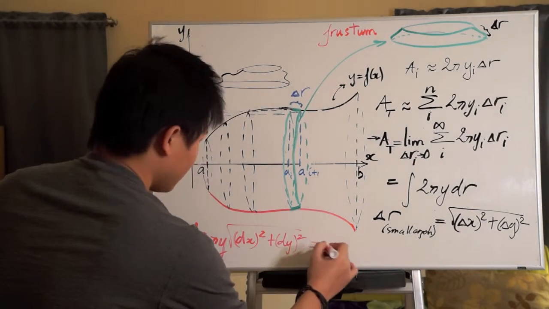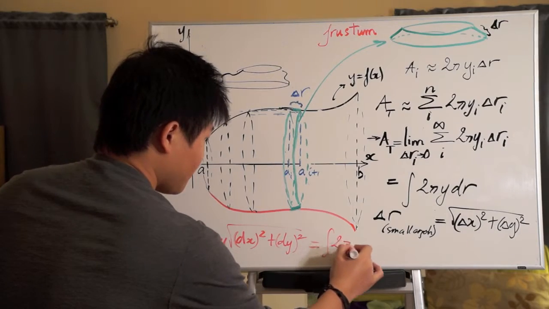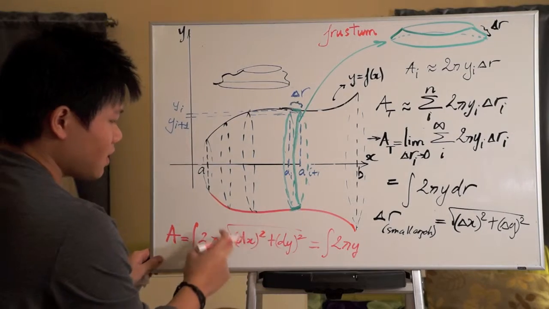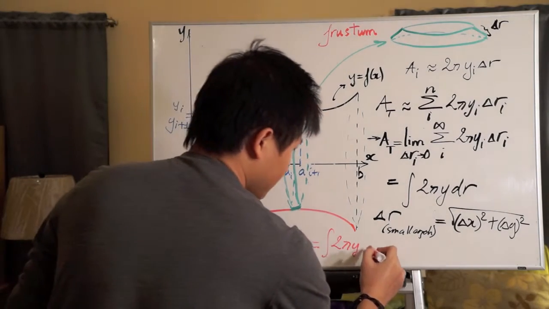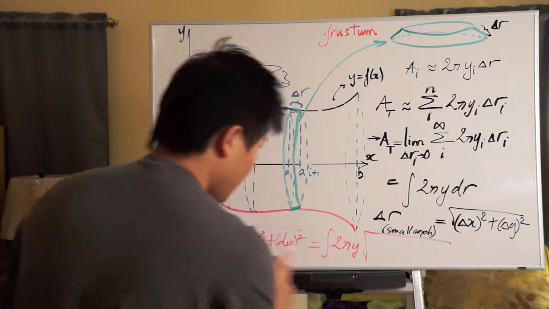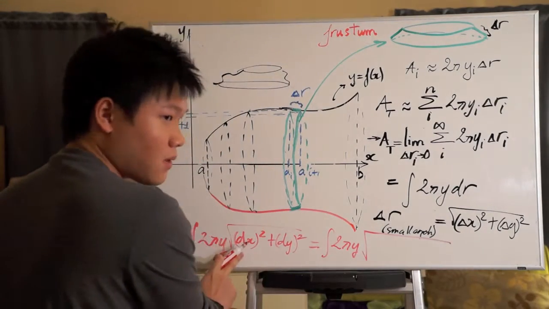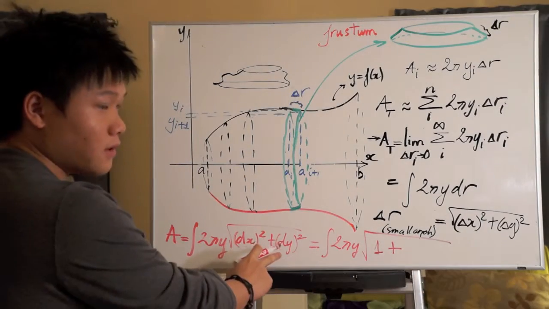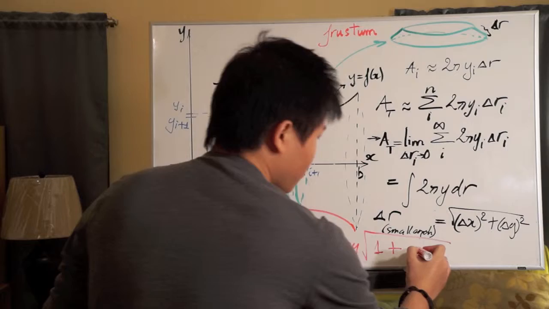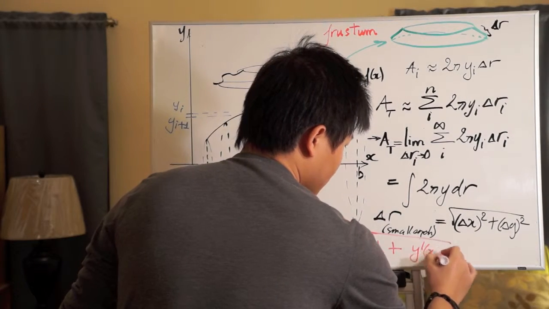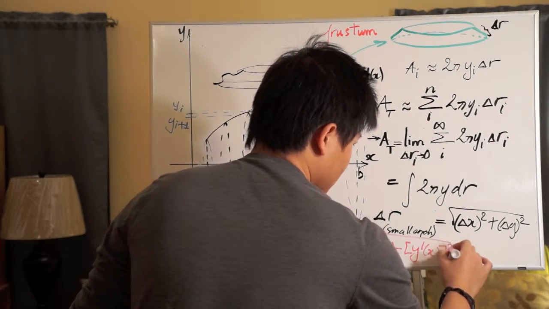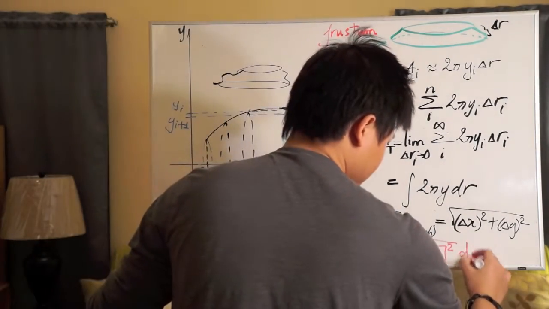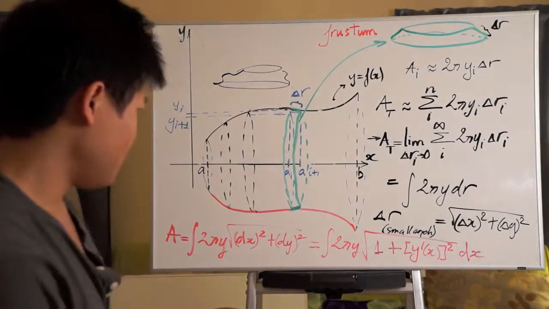We can do something like this. We have dx squared under the square root, so we can pull out the dx squared. When you pull out the dx squared, dx squared over dx squared is 1, and dy squared over dx squared is y prime of x, squared. And since we pulled out the dx squared from under the square root, it's only dx outside.